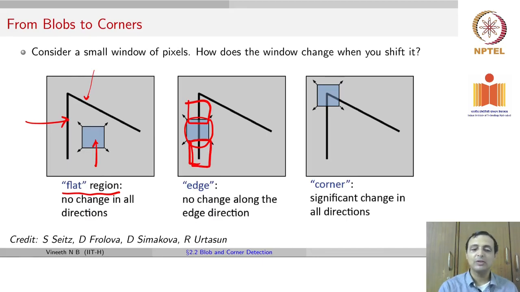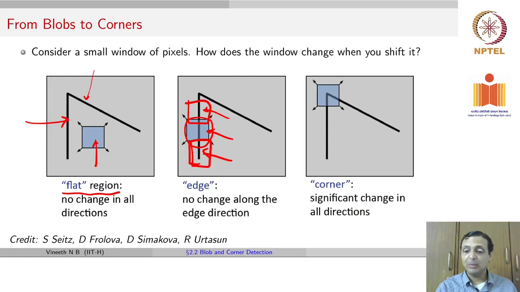You would never know whether you placed your box here or here or here, because all of them would have exactly the same response. There's no difference in the local characteristics in all of these places. While edges are useful, there is something that they're lacking. If you take a panoramic photo in your phone and you try to align two images, you may not know which part of the edge to align at.